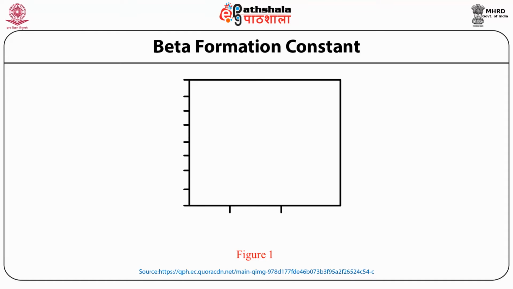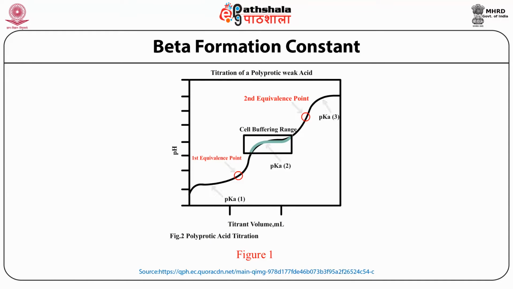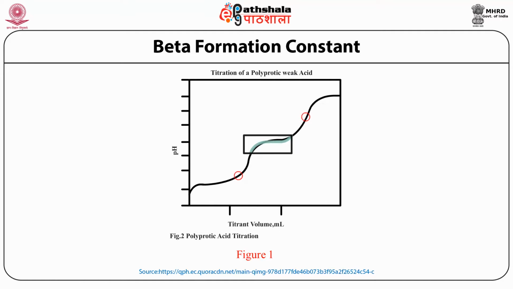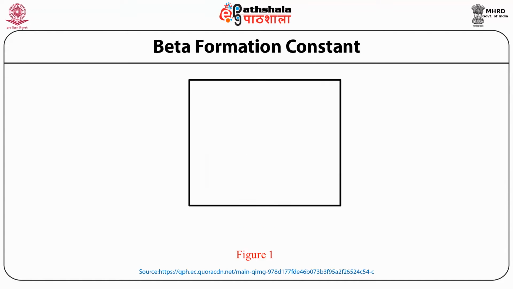Figure 1 shows titration of a polyprotic weak acid, where dissociation takes place at three points, pKa1, pKa2 and pKa3. This is the titrant, and pH versus titrant titration is taking place.